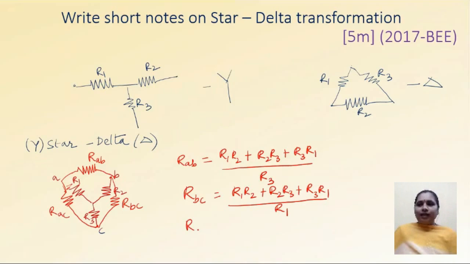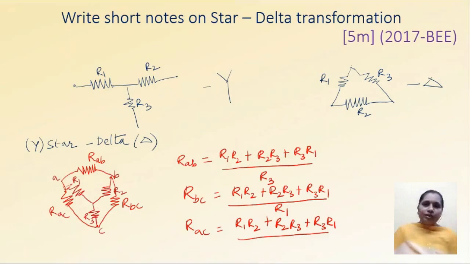Similarly for RAC, it is R1 R2 plus R2 R3 plus R3 R1 divided by the resistor opposite to A and C, which is point B, that is R2. So this is how you are going to convert a star into a delta.